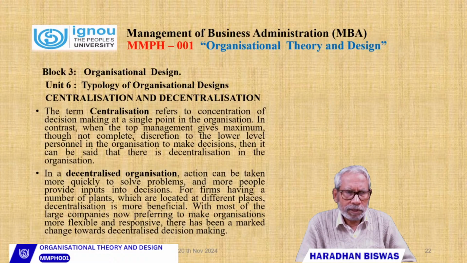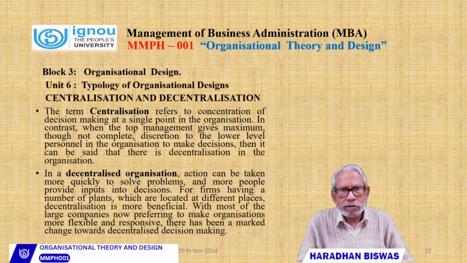So for firms having a number of plants located in different places, decentralization is more beneficial. Take plant number 1, plant number 2, or plant number 3. Monitoring what is going on in all the plants from the center is very difficult.